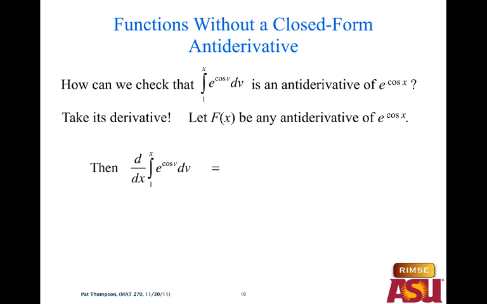I'm trying to rewrite this integral now. Right here, next to Ivy. What's your name again? Bailey. I'm going to take the derivative of what? How can I rewrite this integral if capital F is an antiderivative of e to the cosine x?